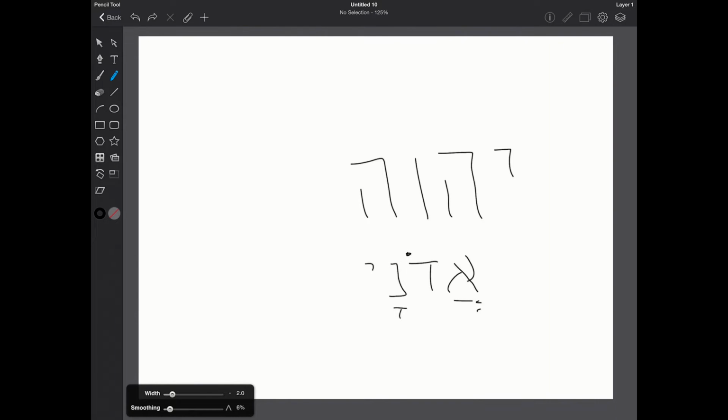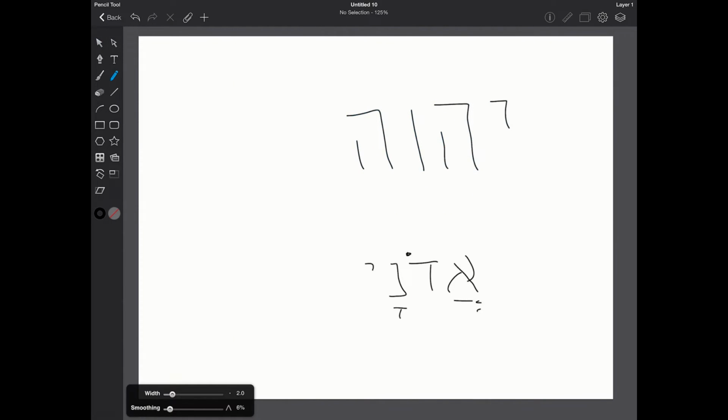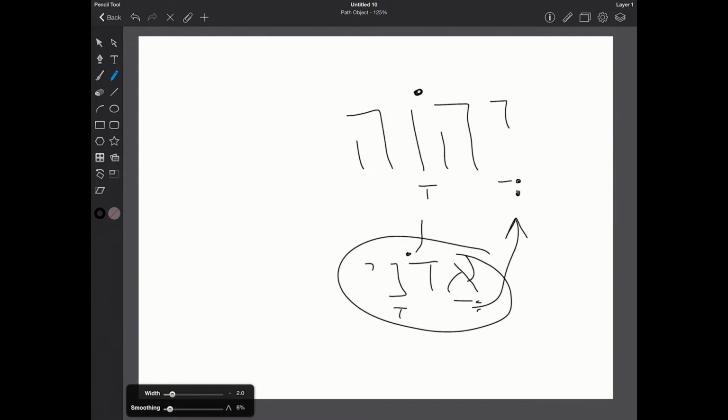What we're supposed to do, right, is take the vowels from this word and put them onto this word. Putting this one here, this one up here, and then this one here. When we do that, this sound here depends a little on the consonant that it goes with.